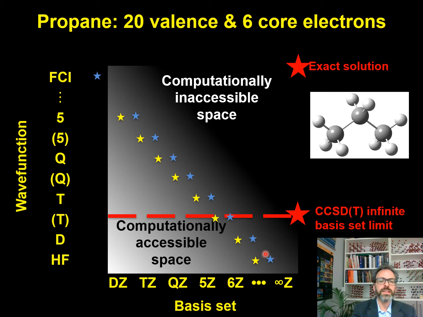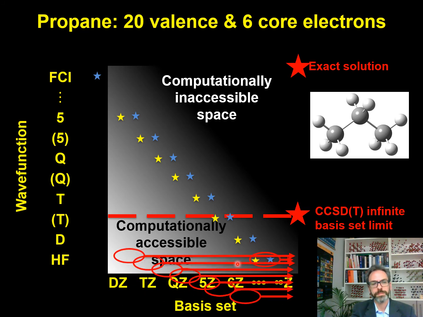Now, because of the systematic behavior of these basis sets, in these cases, the correlation consistent basis sets, we can take these two energies and extrapolate them to the complete basis set limit or the infinite basis set limit.